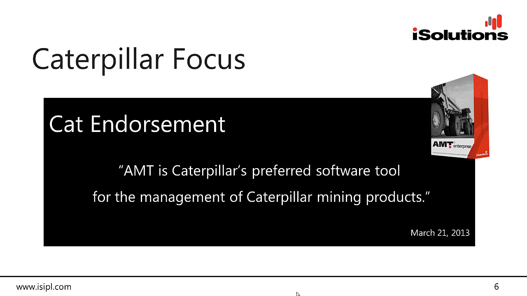A month ago or so, we received official endorsement from Caterpillar of AMT, so that's a good step for us, and we are working a lot more closely with Caterpillar, and certainly in the next couple of months we should have more of a joint strategy that we can announce with CAT.